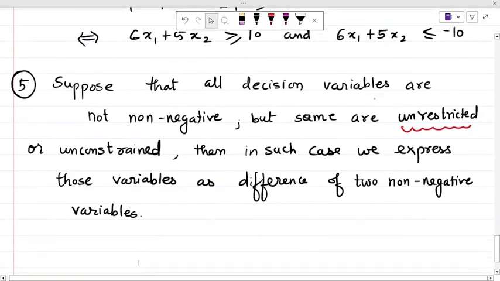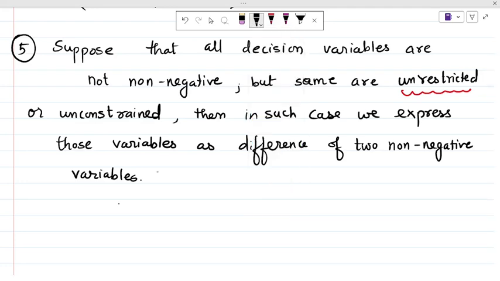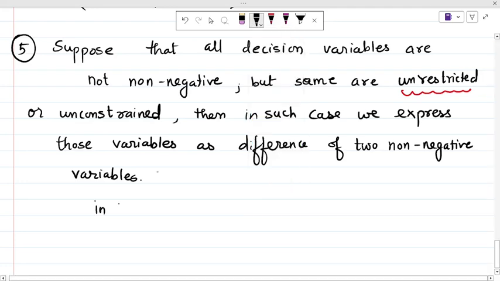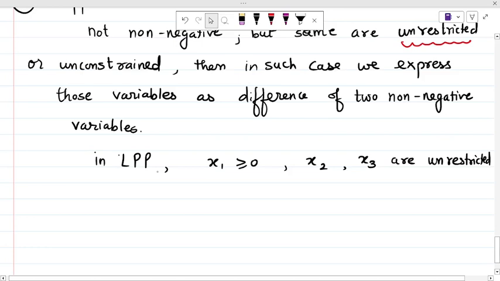So consider like this, that if you have in an LPP x1 is greater equal 0 and x2 and x3 are unrestricted, then what do we do here?